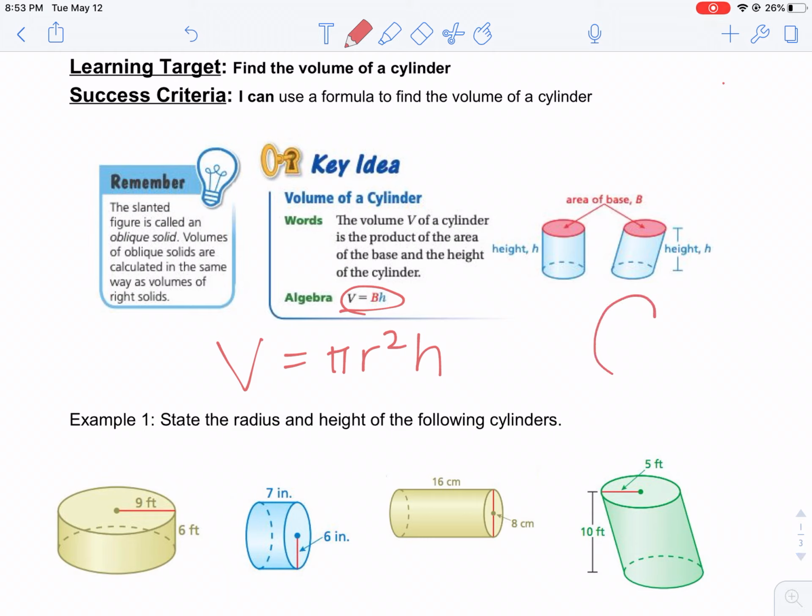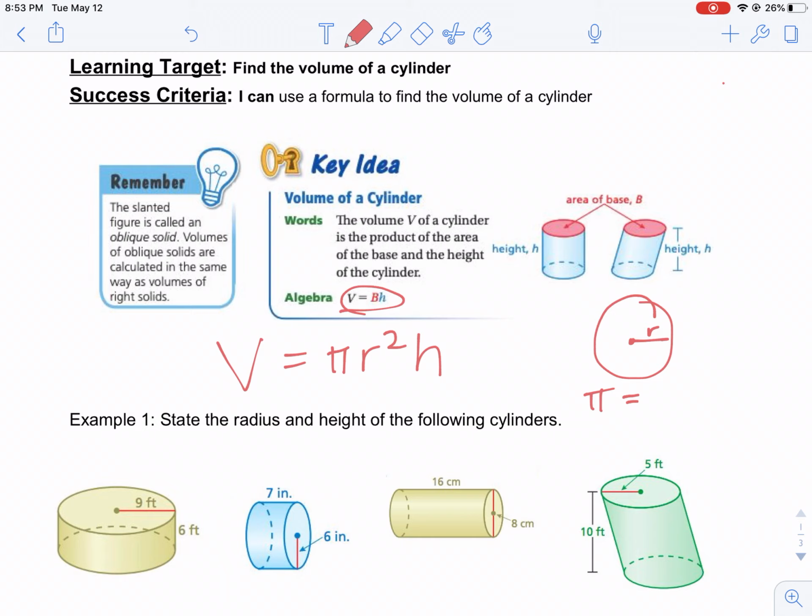R stands for radius, which when you have a circle, the radius is from the center to the outside. And then for pi, I know a lot of you guys learned that it's 3.14. But that's certainly rounded. So pi goes on forever. For Big Ideas, when you are rounding to the nearest tenth, you are only going to get the correct answer if you do one of two things.